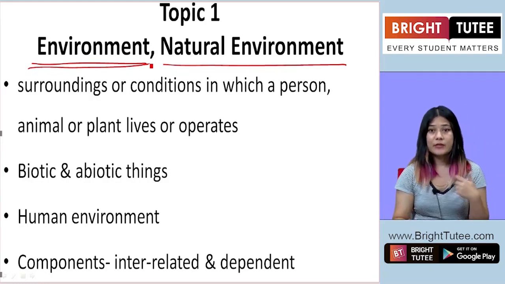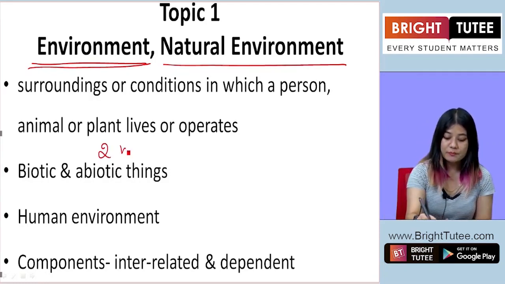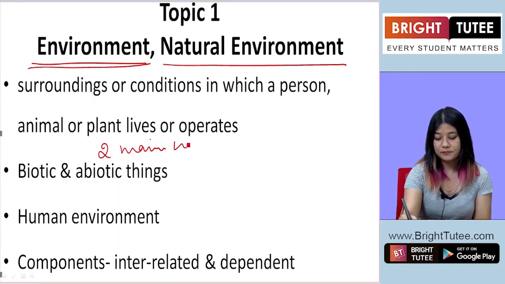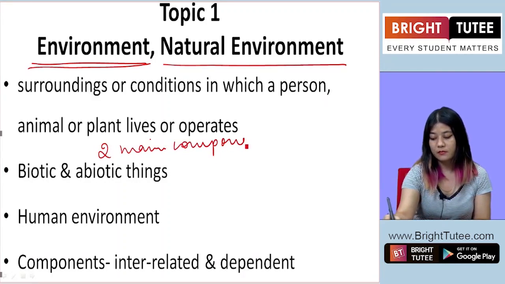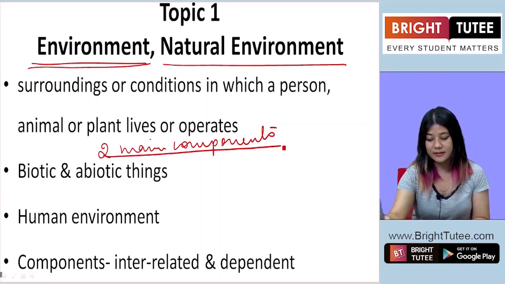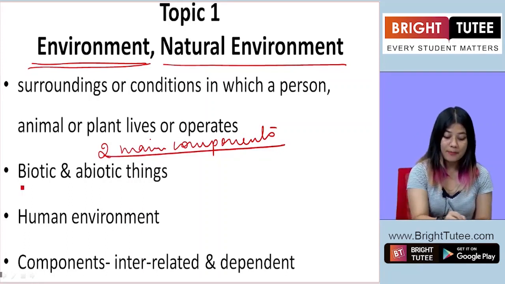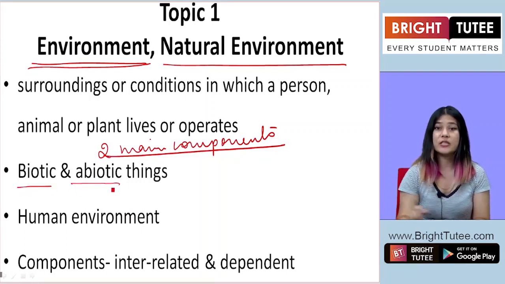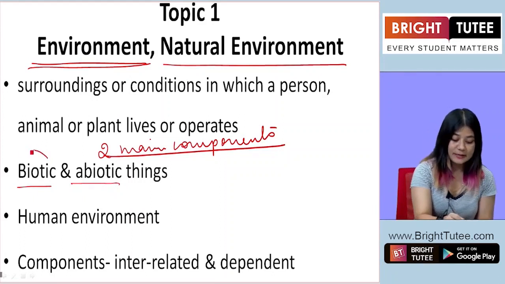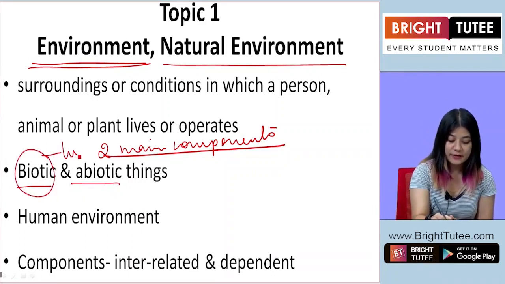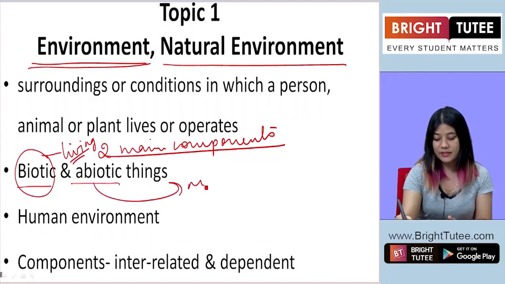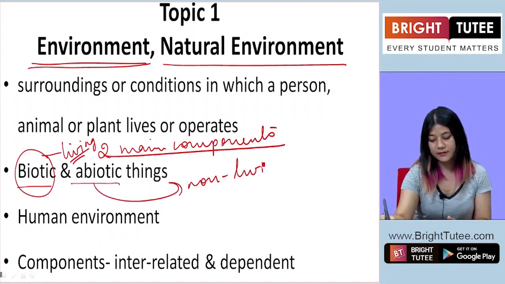Okay? Now in the environment there are two main components or two main parts, and those are biotic and abiotic components. So basically biotic means living things, and abiotic means non-living things.